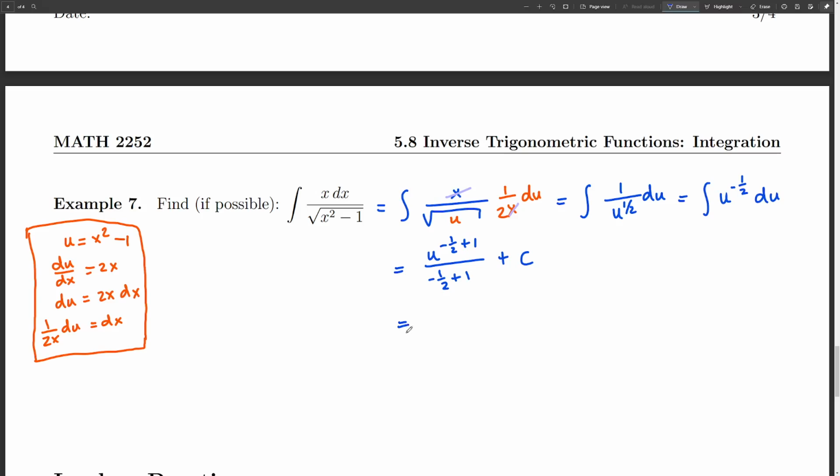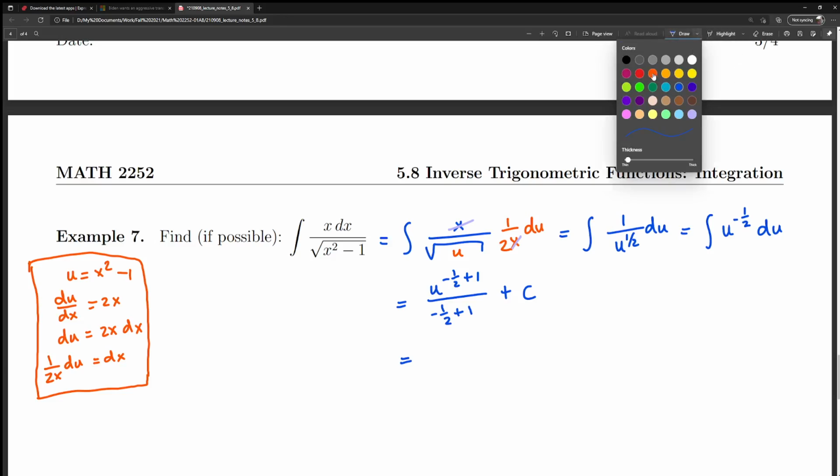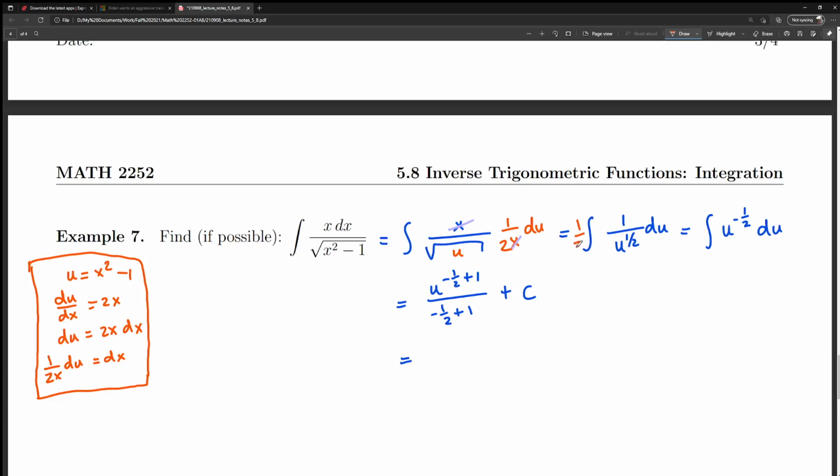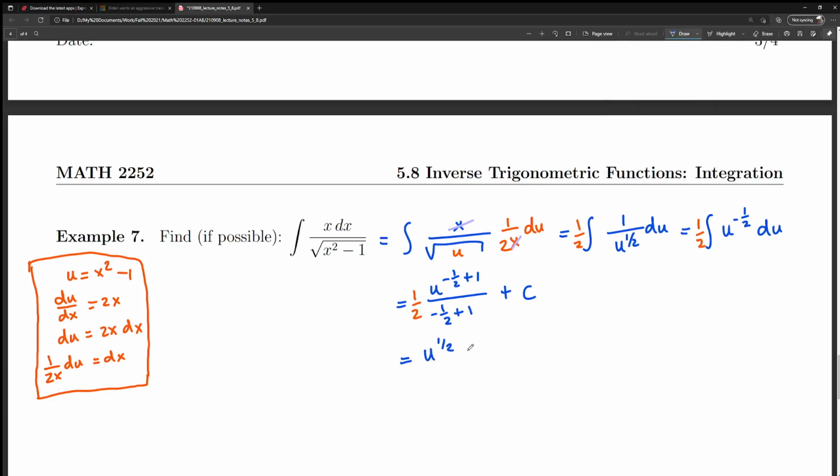So what that then becomes is, and I notice here that I forgot about the constant 1/2 here. So I have 1/2 here. And that 1/2 cancels out with the 1/2 in the denominator here. And this becomes u to the power 1/2 plus c. And that's the same as square root of u plus c.